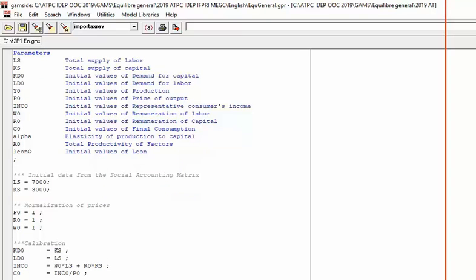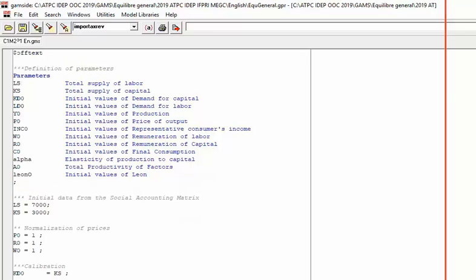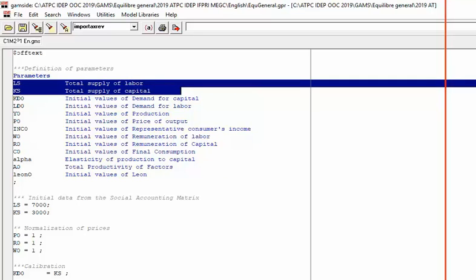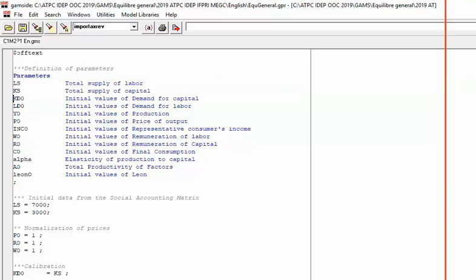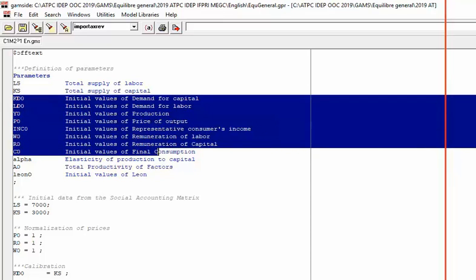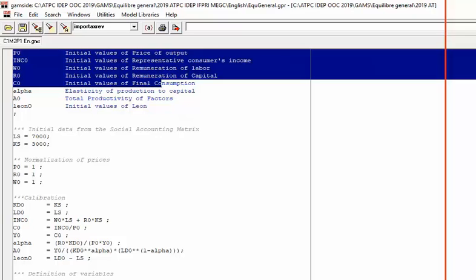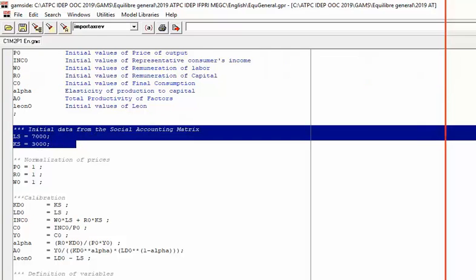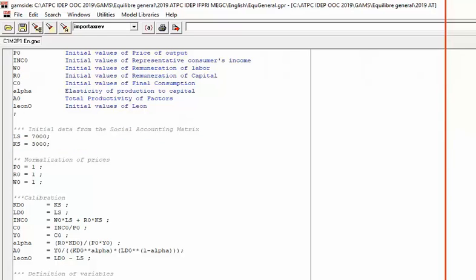You've got technical parameters like alpha and A0, which is the total productivity of factors, but you also have parameters concerning exogenous variables like supply of labor and supply of capital, and you have initial values for the variables of the model. Well, you have only two data to enter for this model from the social accounting matrix. It's the supply of labor and the supply of capital.